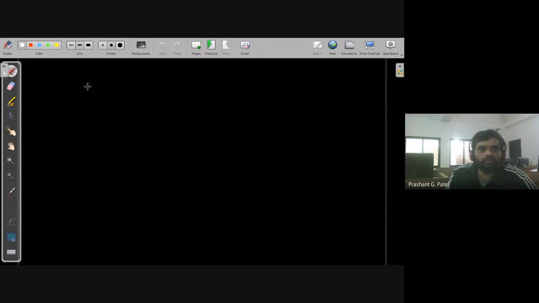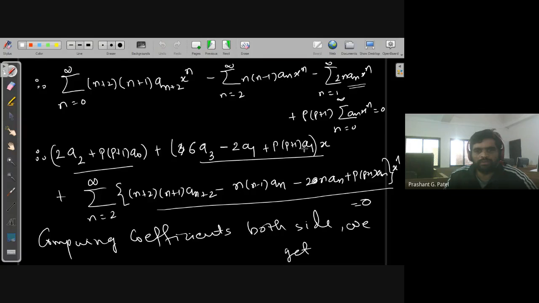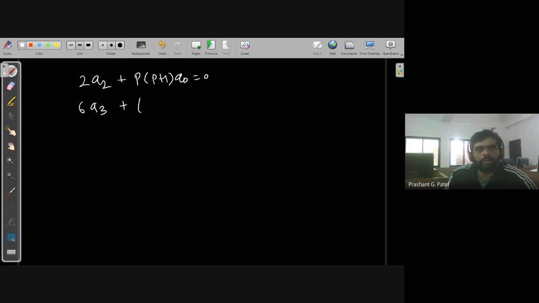So that gives you 2 into a2 plus p into p plus 1 a0 equal to 0. 6 into a3 plus, since both quantities contain a1, we can write it as p into p plus 1 minus 2 a1 equal to 0.